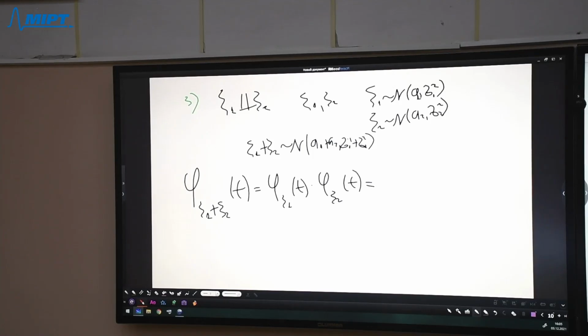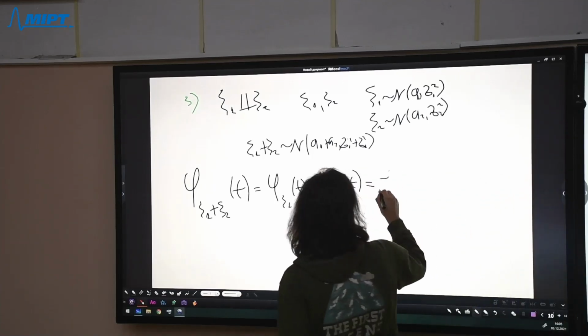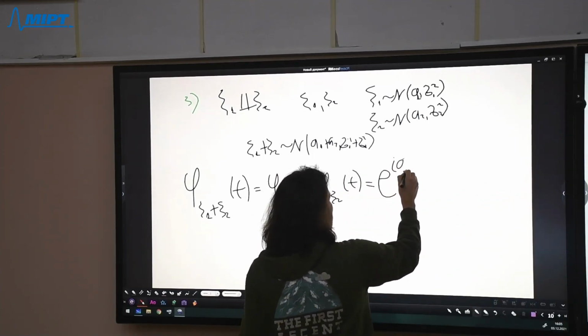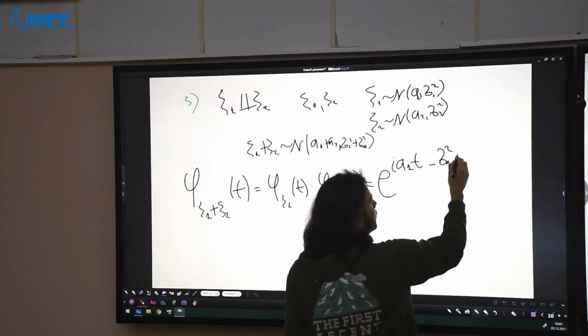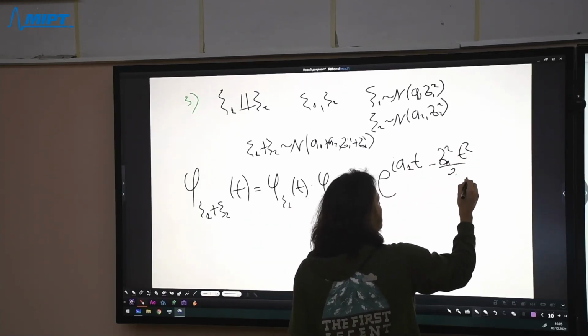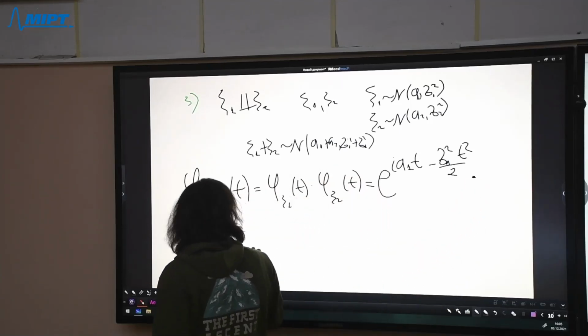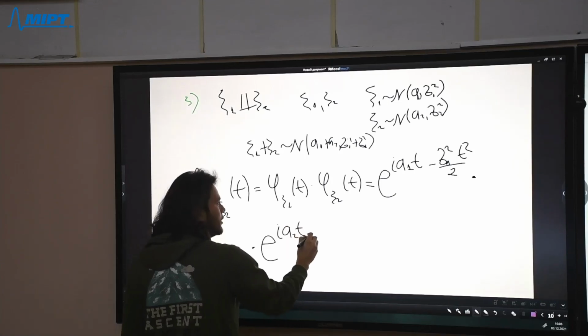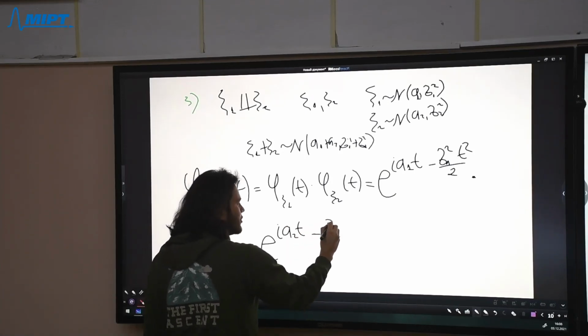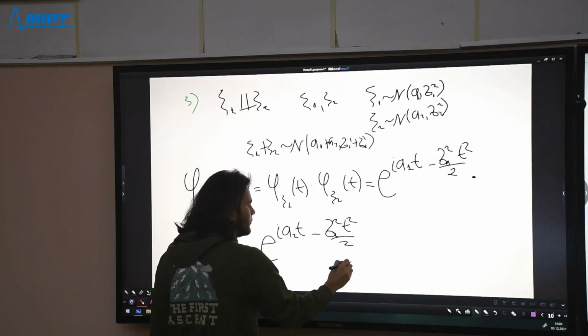This is the characteristic function of a random variable with this distribution. So all I have to do is write e to the i a1 t minus sigma 1 squared t squared over 2, times e to the i a2 t minus sigma 2 squared t squared over 2.